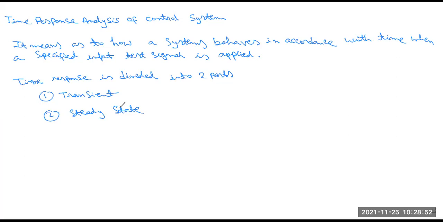During the post transient part it is the steady state part. Steady state means the state of the output of the control system with respect to time. This is a very important term. So first we discuss the two parts: transient response analysis and steady state analysis.